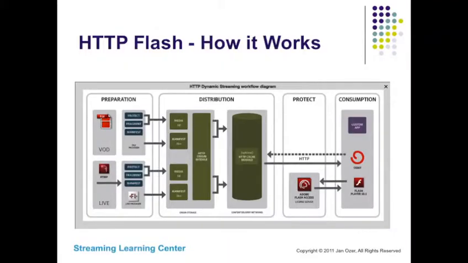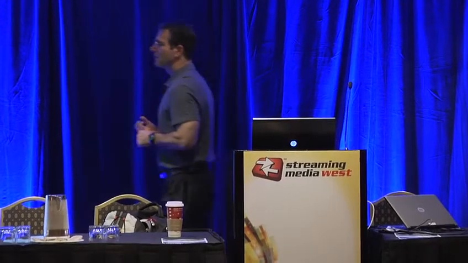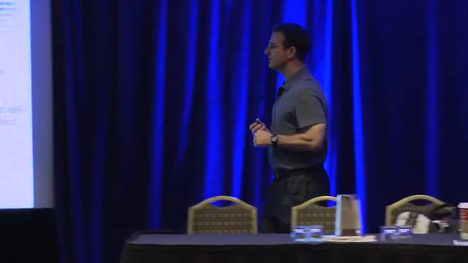Okay, so we just looked at the HTTP live streaming schema. This is HTTP Flash, and there will be a test on this. But I'm going to simplify it for you. With HTTP Flash, it's the same thing.